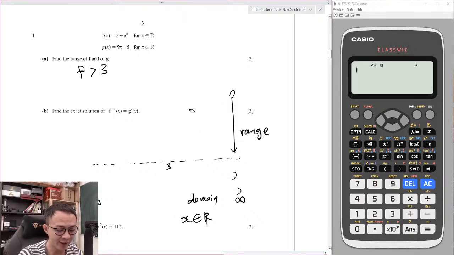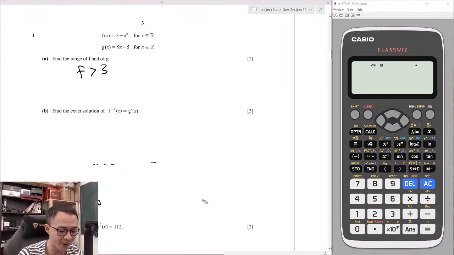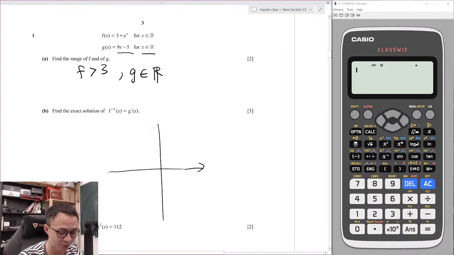Then we go to g(x). g(x) is a straight line, so x is power 1, and x is an element of the real numbers, then g is an element of the real numbers. If you ask me why this happens, I can give you an idea. Let's say you have this straight line passing through -5 here.